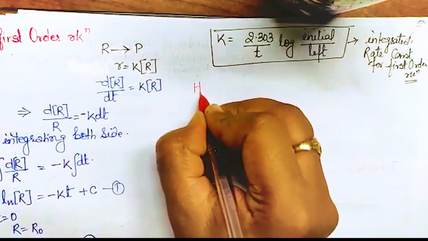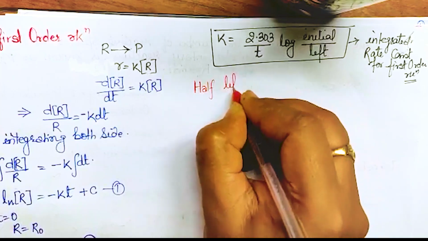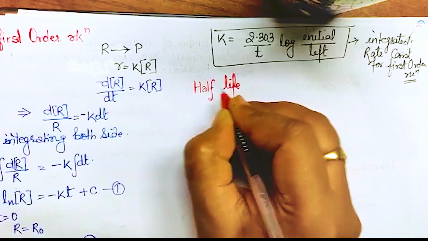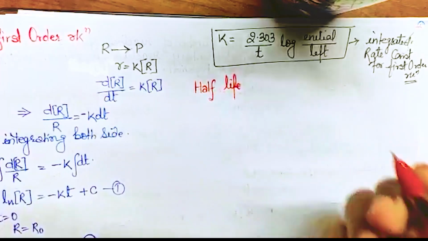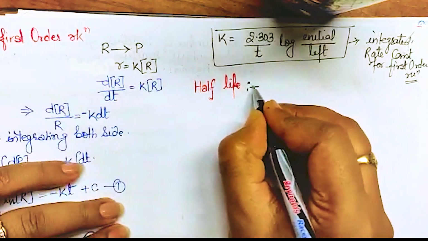Now the next heading, we will do the numericals afterwards. First let me complete this half-life. Okay, or this is half-life period, we can say. So see, as the name suggests, half-life. Yes. So how can we define it?